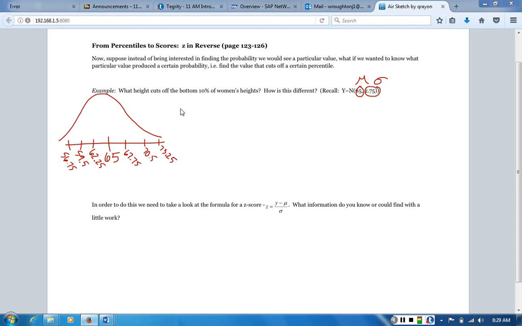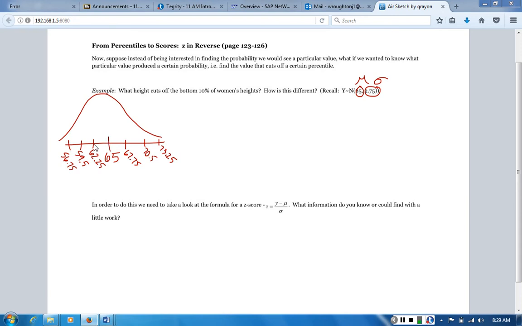So what I would know is, okay, bottom tells me that I want this side, and I want to find the bottom 10%. For a lot of you, at this point, you don't have to put these extra numbers at the bottom. You can just put the 65 if you want, because it's a little bit harder for students at this point to ballpark where that number should be. I've just been doing this a little bit longer. So here's what I know.